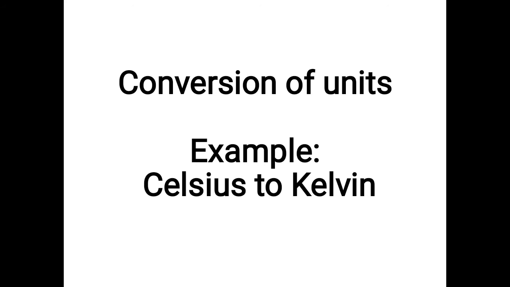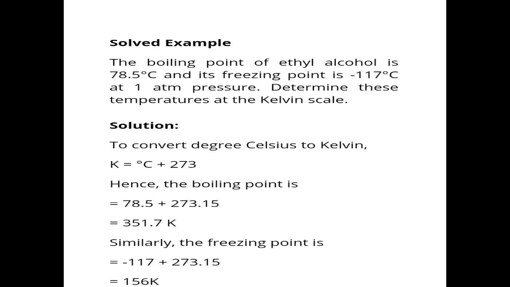Conversion of units. Example, Celsius to Kelvin. Solved example. The boiling point of ethyl alcohol is 78.5 degrees Celsius and its freezing point is negative 117 degrees Celsius at 1 atm pressure. Determine these temperatures on the Kelvin scale. So this is the solution. To convert degrees Celsius to Kelvin, K is equal to degrees Celsius plus 273.